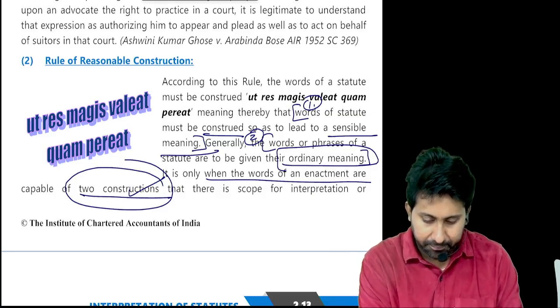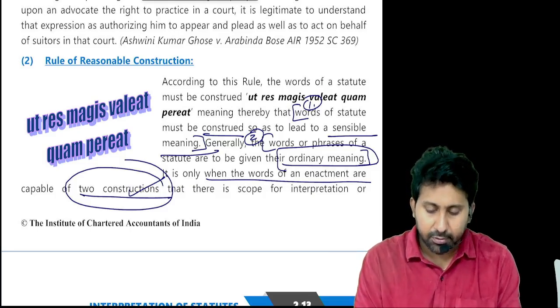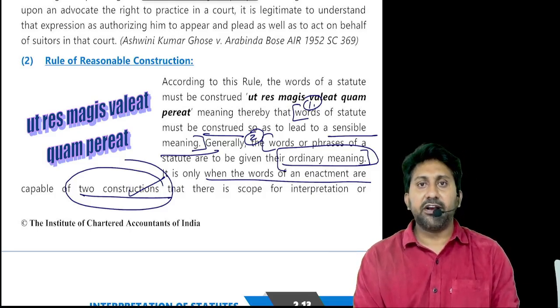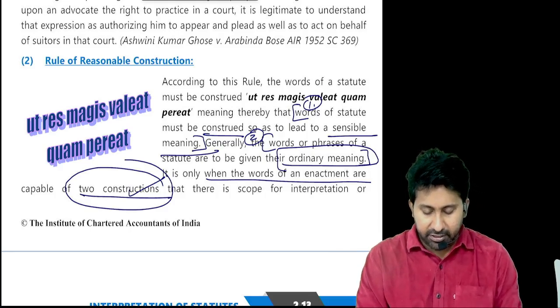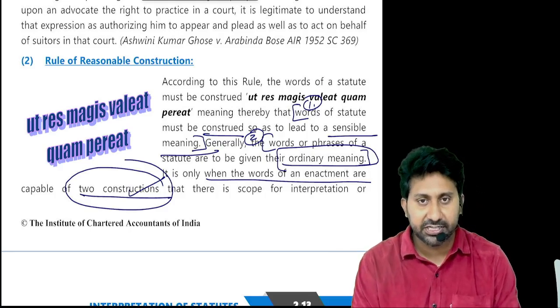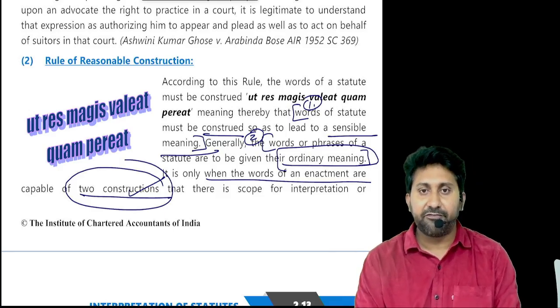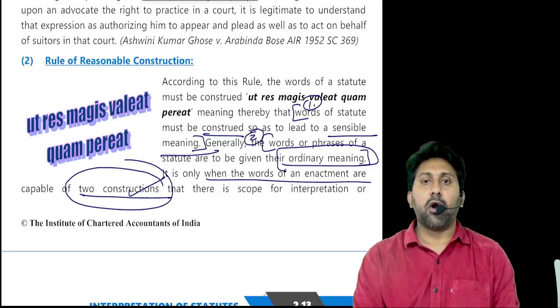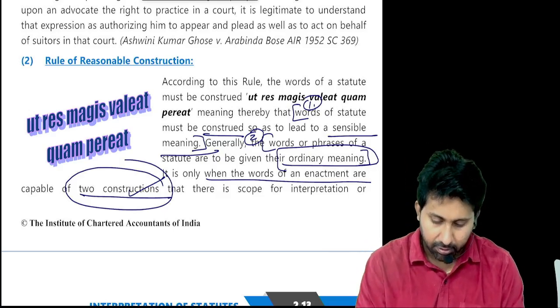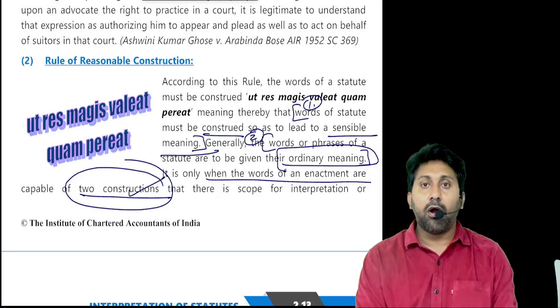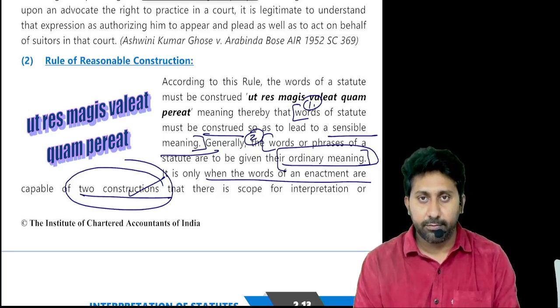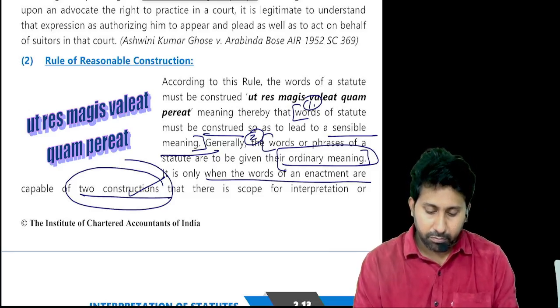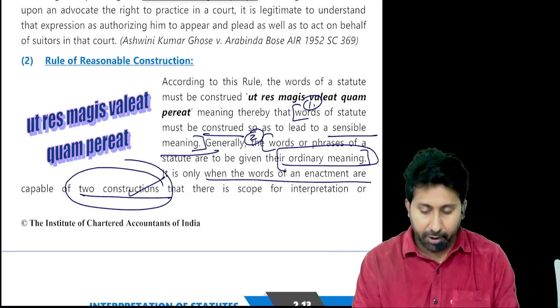Point number 3. The words and phrases of a statute must be given their ordinary meaning. Full stop, continue.